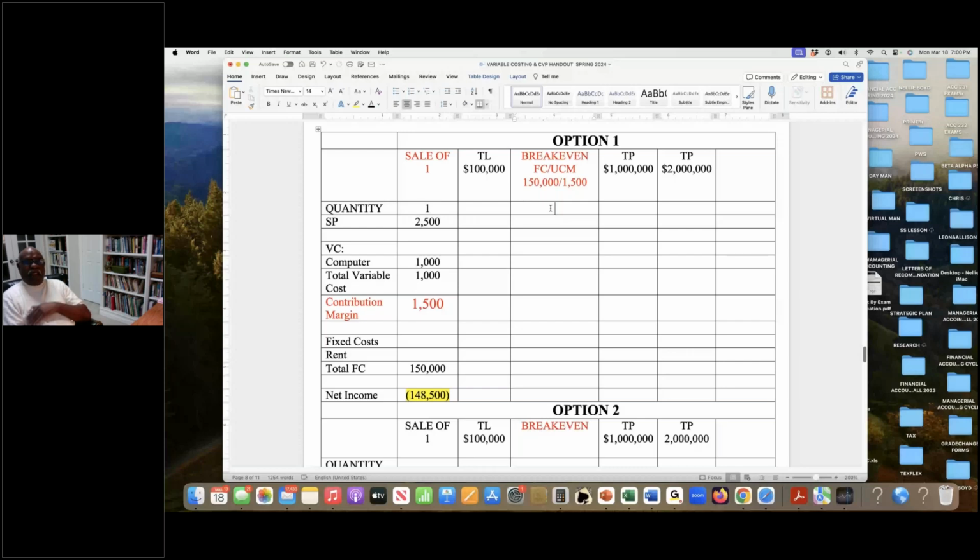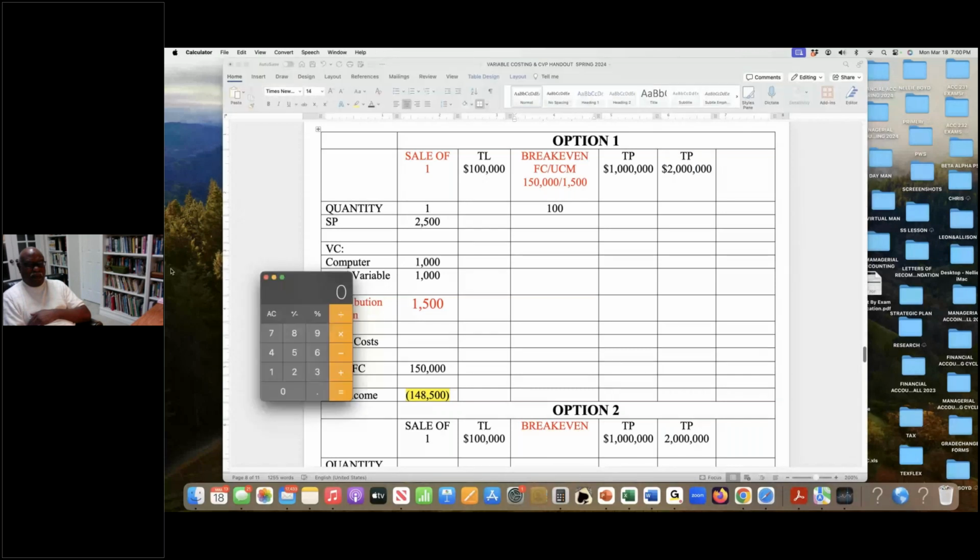So the first thing you're going to do is multiply 100 times the selling price of 2,500. That should give you 250,000.